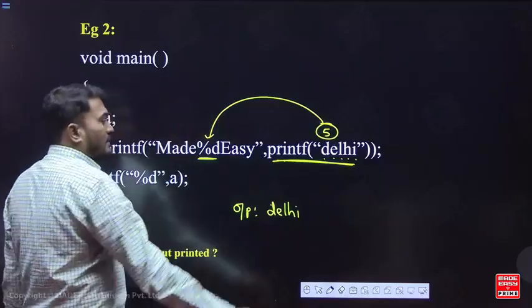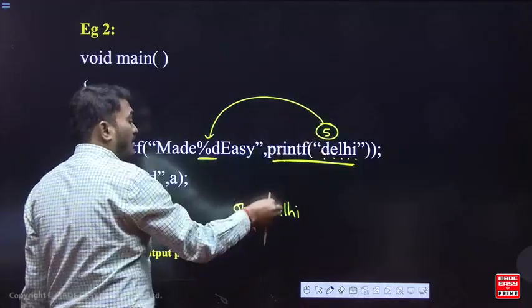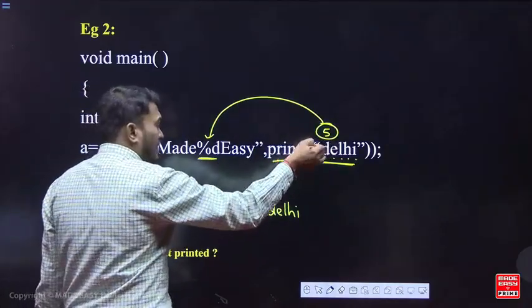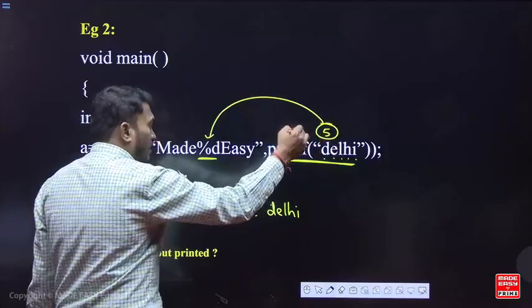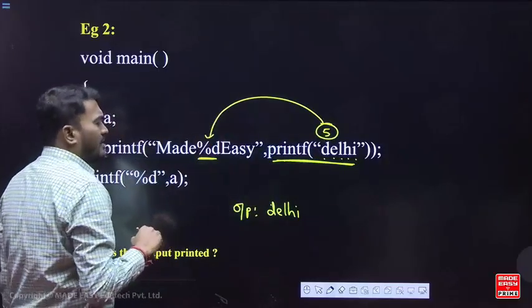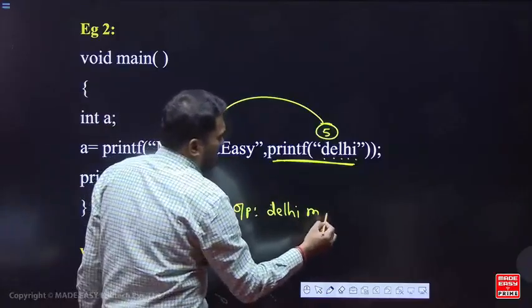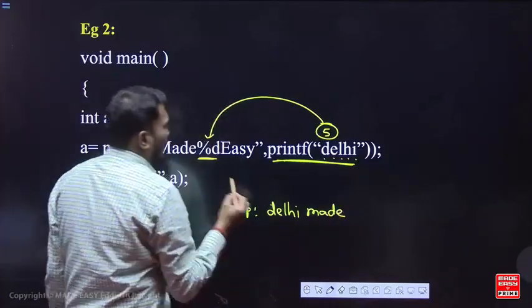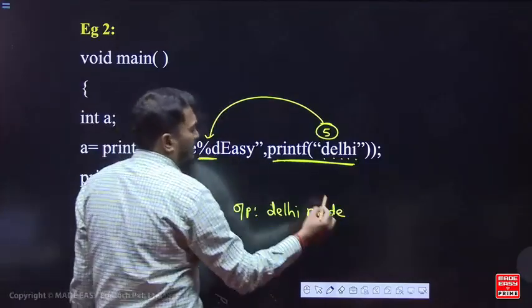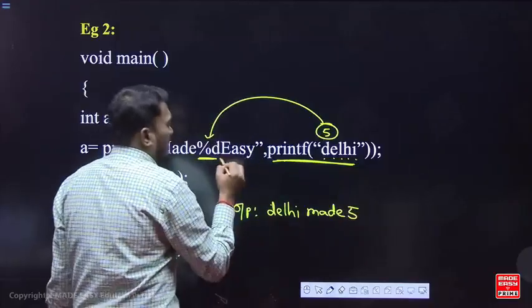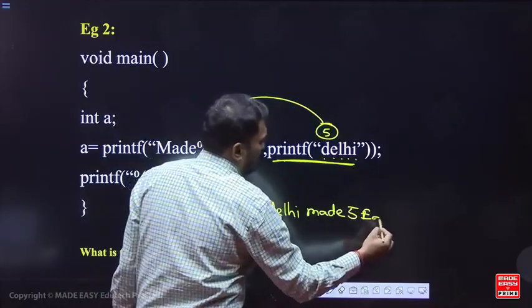Delhi will print on the screen, and it returns 5. That 5 is taken by %ld. Next it will print made, and in place of %ld it will print 5. And next it will print easy.